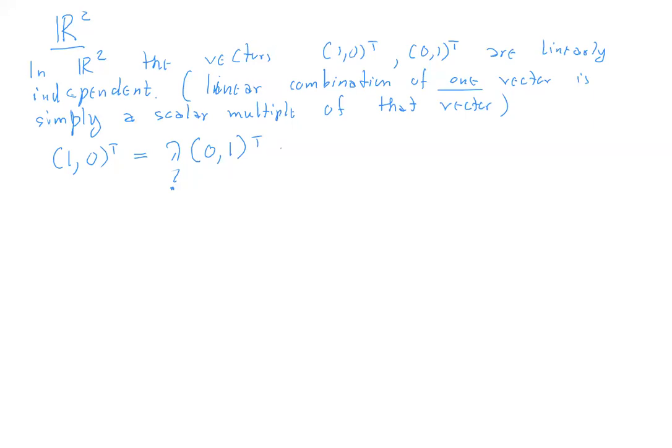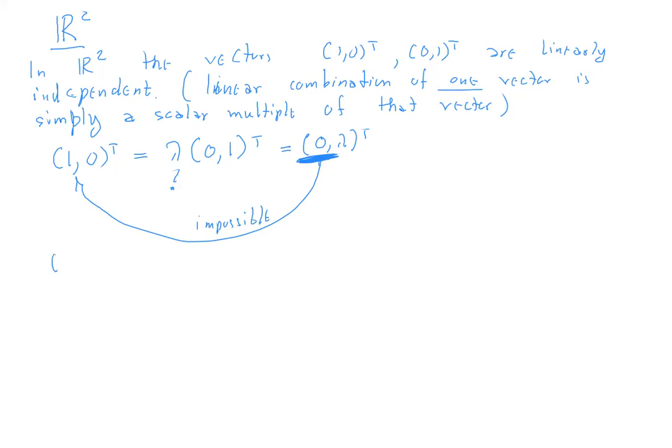You cannot do this because when you multiply out, exactly, that's exactly the reason why. You will always get 0 on the second coordinate. You can never get 1. So (1, 0) is not a linear combination of (0, 1).